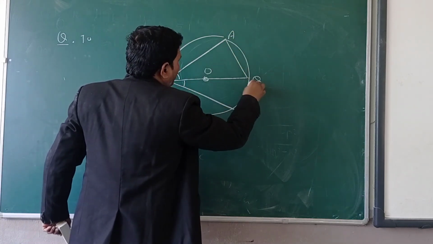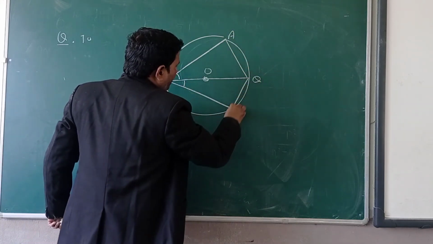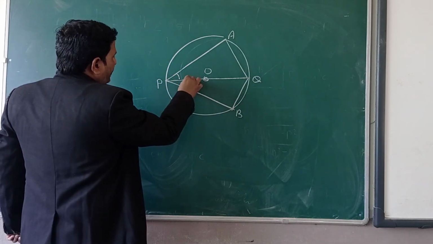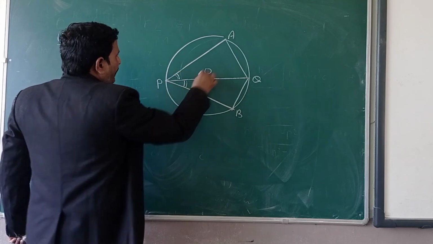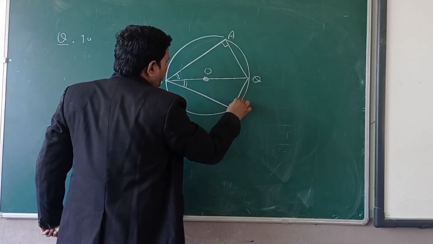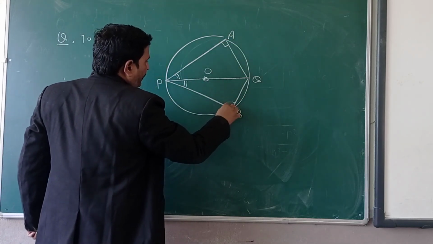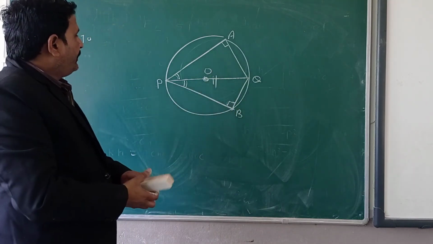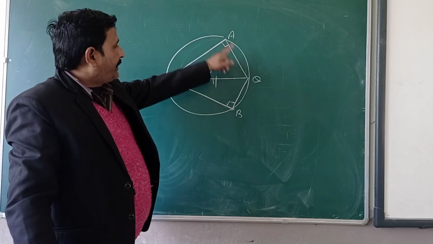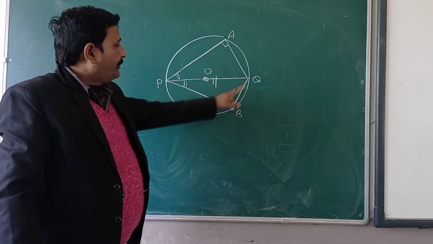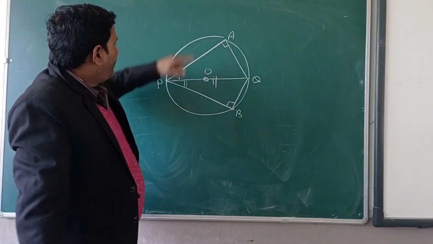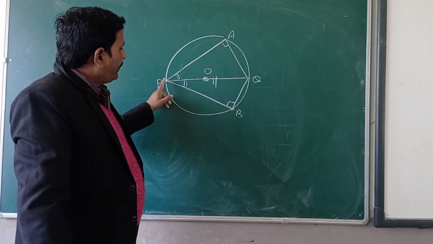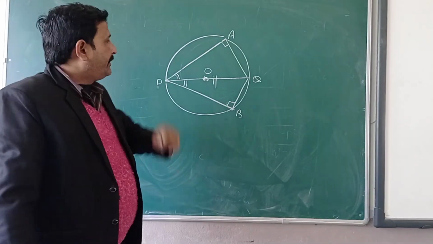Join AQ and BQ. Now see that this angle is 90 degrees, angle in a semicircle, and this side is common. In triangle PAQ and triangle PBQ, angle PAQ is equal to angle PBQ, 90 degrees.